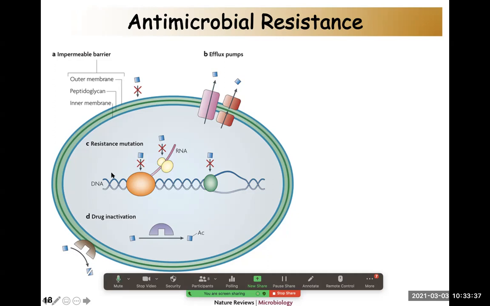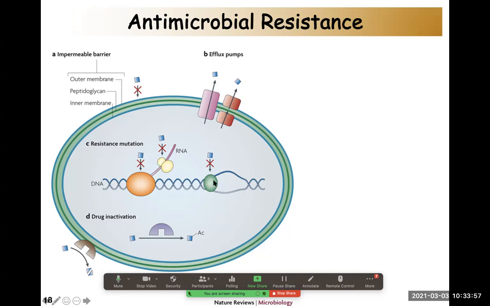Or you can do what we call target modification, so you modify its target. If the gyrase, where these antibiotics bind, is not necessary, it will change the amino acid, so now the antibiotics cannot bind. The same thing can happen to ribosomes; it will change the nucleotide.